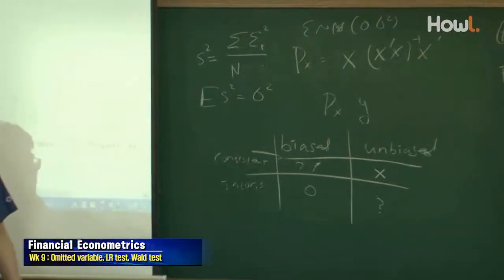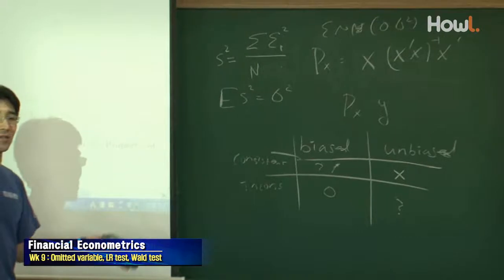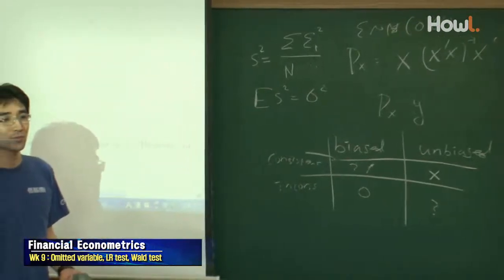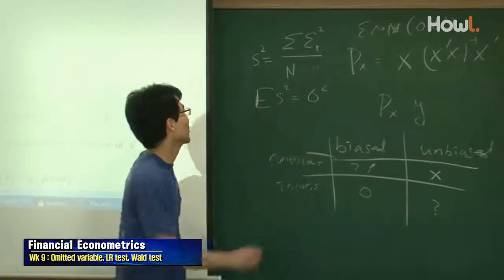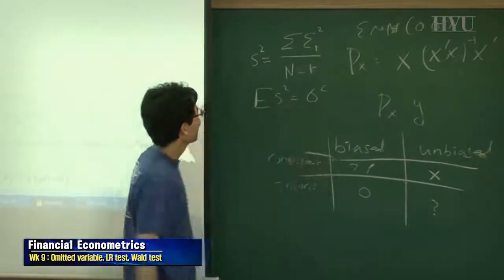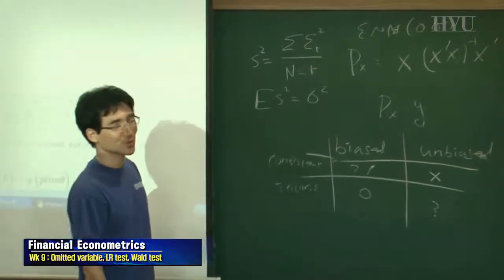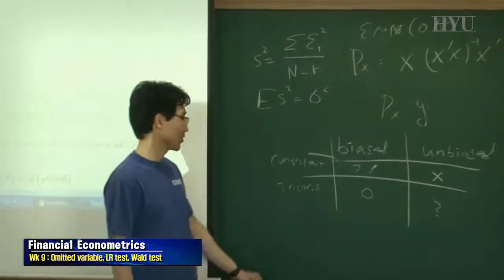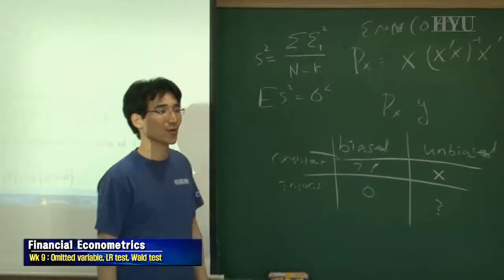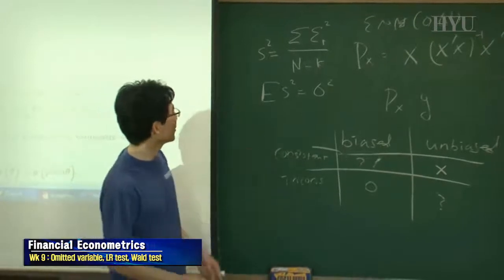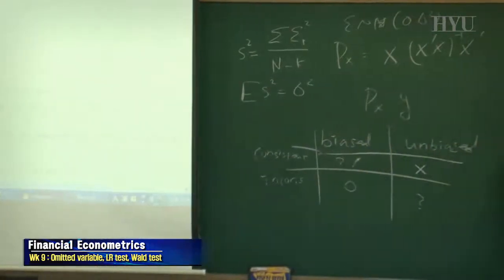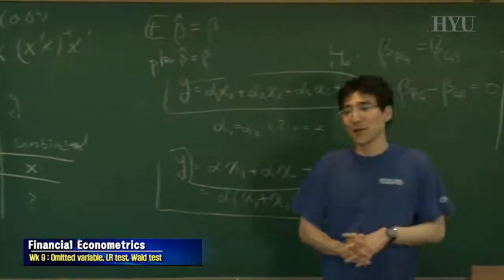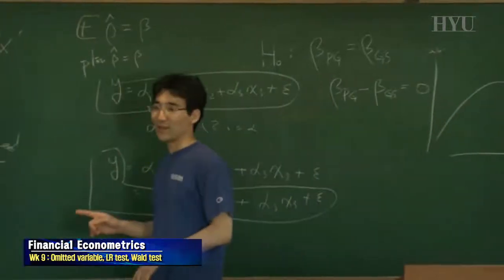Then it is a biased estimator, but still consistent. If we have a large n, it still converges to sigma squared; such a small number k doesn't change anything about consistency. So this is a biased but consistent estimator. We also have another concept called efficiency.